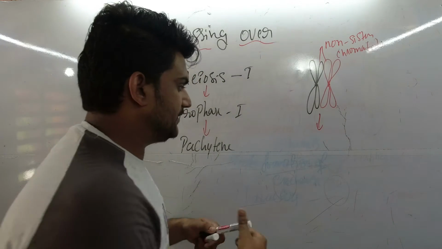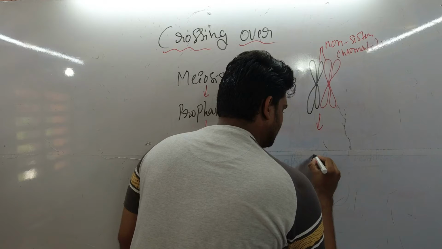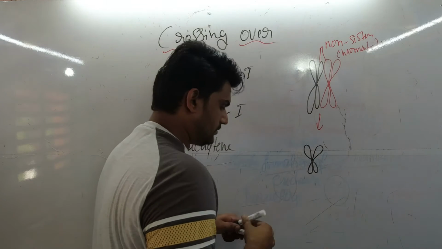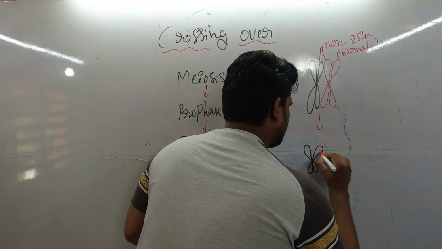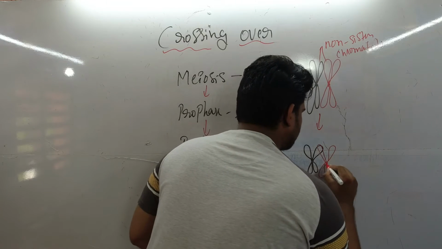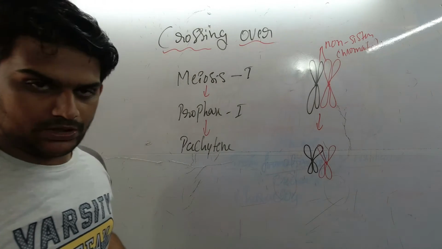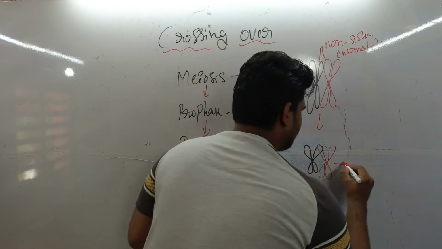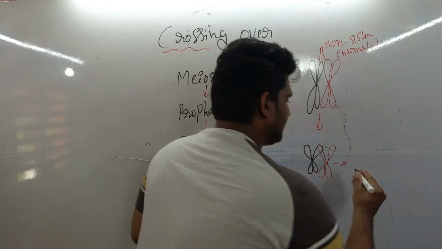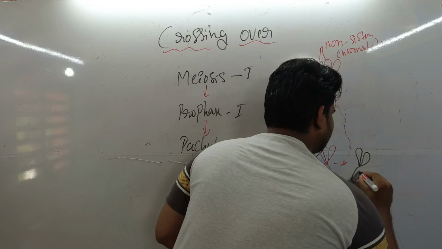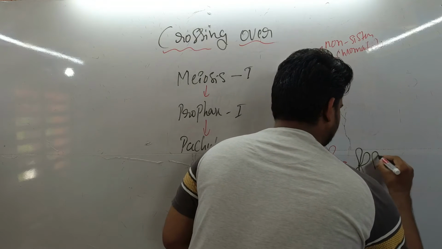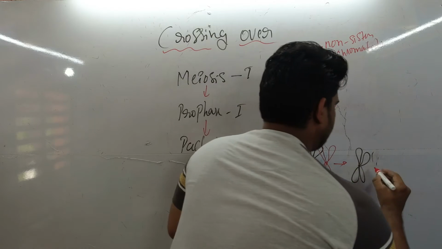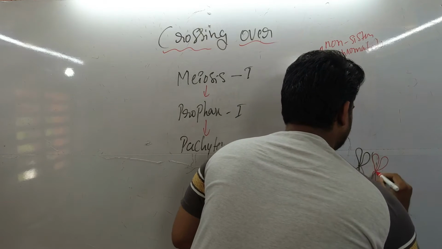So what is going to happen? Here, the non-sister chromatids are going to cross over, which results in the exchange of characters.